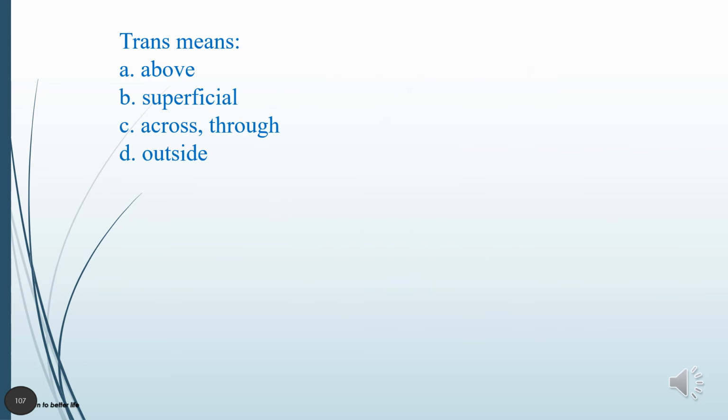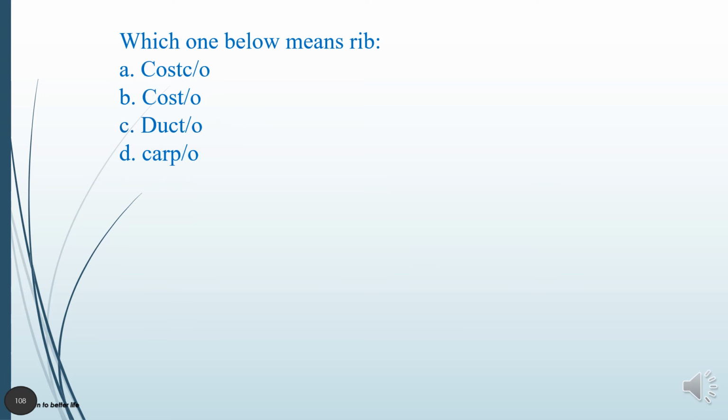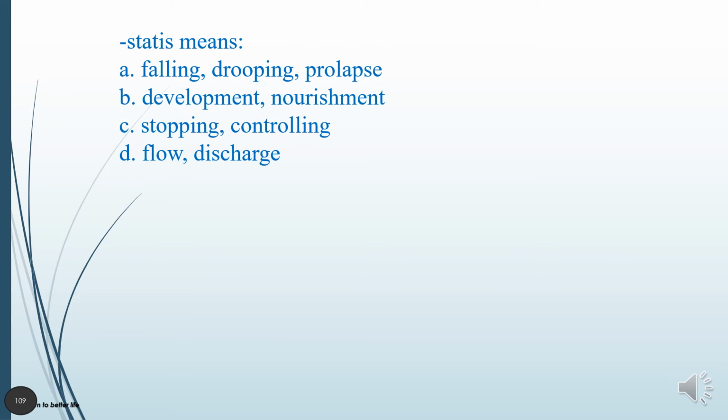Trans means what? A. Of. B. Superficial. C. Across, through. D. Outside. The answer is C. Across, through. Which one below means rib? A. Cosco. B. Costo. C. Ducto. D. Carpo. The answer is B. Costo. Status means what?